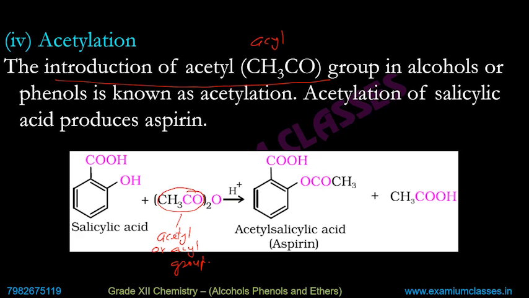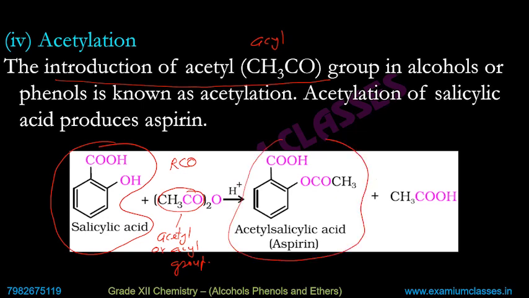CH3CO, RCO is the acetyl or acyl group. So this is a very important reaction, where acetylation of salicylic acid gives you aspirin. Aspirin is the medicine used in Disprin, for example, as a blood thinner.